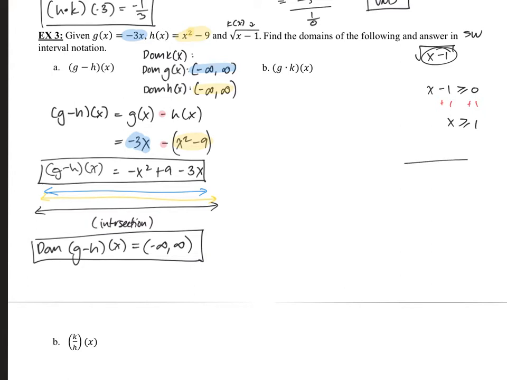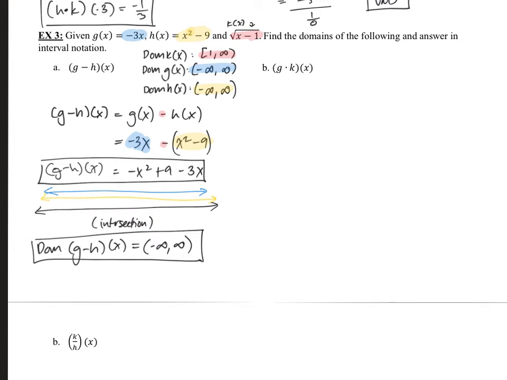If I was to graph this out, my x values need to be greater than or equal to 1. So interval notation, that's going to be 1 to infinity. Alright, this was all my scratch work for the domain of k. So 1 to positive infinity. And we're going to use red to indicate k. Alright, let me go ahead and erase my scratch work.